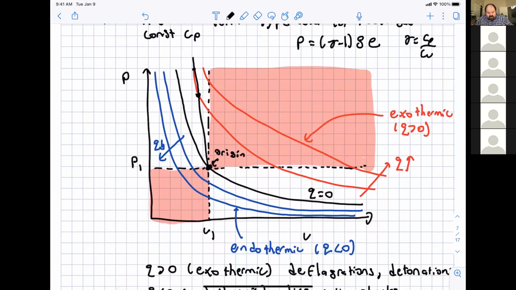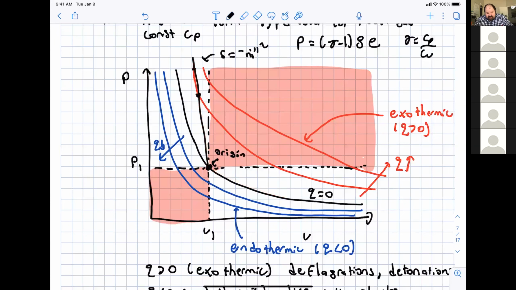In gas dynamics, we work with conservation of mass and momentum to produce these Rayleigh lines. We can show that the slope of the Rayleigh line equals minus the mass flux squared of our combustion wave.